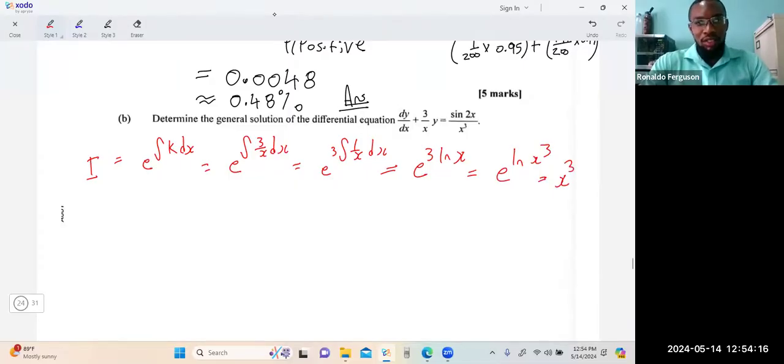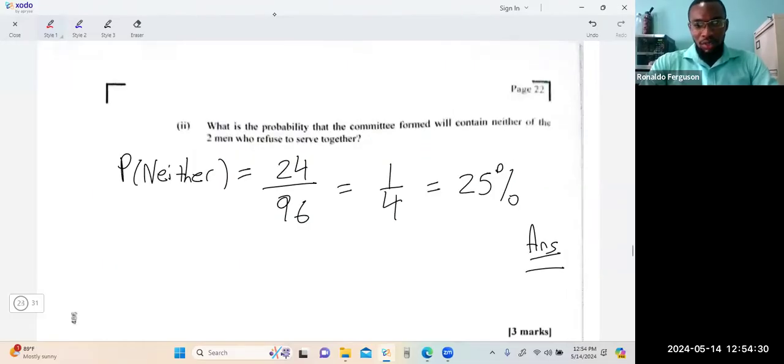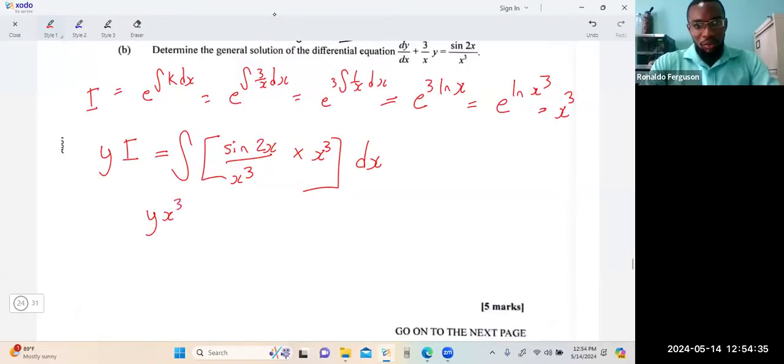So your solution is y times the integrating factor equals the integral of f of x, which is sine 2x over x cubed, times your integrating factor x cubed. So we get y times x cubed equals the integral of sine 2x dx, since x cubed over x cubed cancels. Integrate sine 2x, you get negative cos 2x divided by 2, plus some constant c.